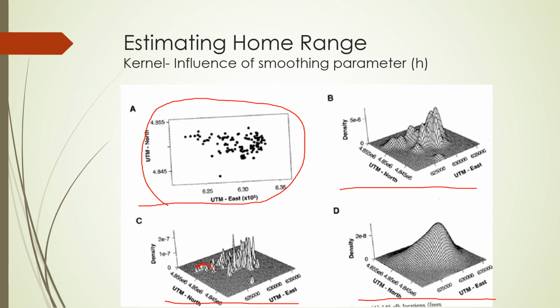So then the question becomes, what's right? Which smoothing parameter do you use to get your estimate of home range? Because obviously, if you're looking at, say, your 50% utilization, in other words, where the animal spends 50% of its time, you're going to get a very different estimate if you use a narrow smoothing parameter than if you use a wide smoothing parameter. Okay, so an important question that has to be addressed, obviously.